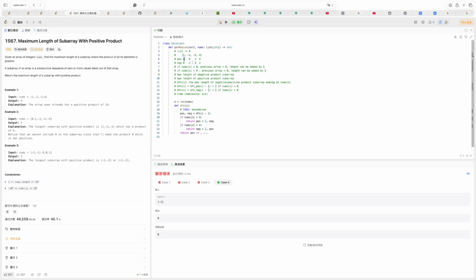But negative, since the previous thing is positive, I will use the positive to add me, myself, and it will become a negative array. So yeah, I can add negative by 1.